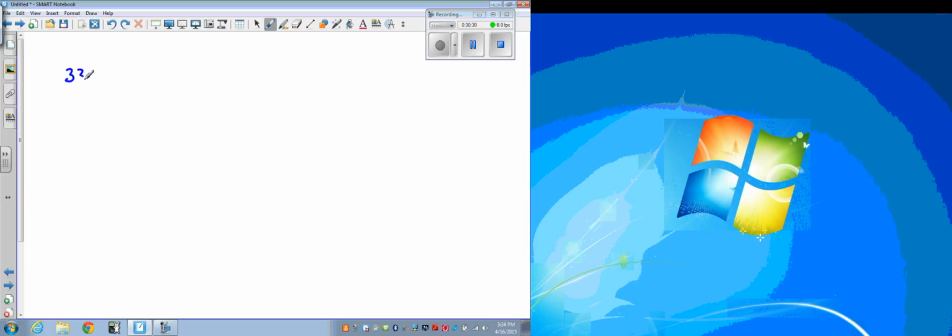33 says 1 minus sine theta equals cosine 2 theta. What do you think? Is there an identity for cosine 2 theta that will transfer it over to sine theta? Then you'd have all sine. So what would that be?